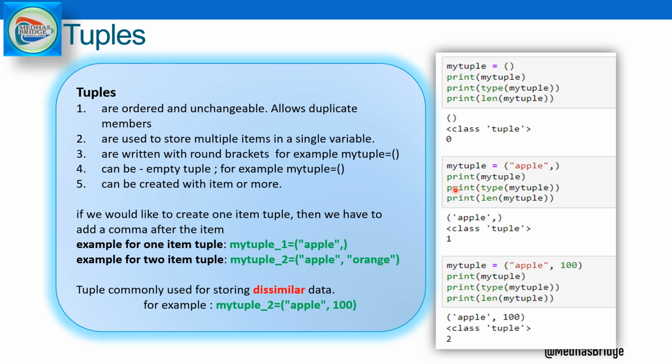Print my tuple, print type of my tuple, print length of my tuple. We get the one item tuple, type of my tuple and size of my tuple. Now my tuple has two different data type items. Print my tuple, print type of my tuple, print length of my tuple. We got the tuple, type of my tuple and size of my tuple.